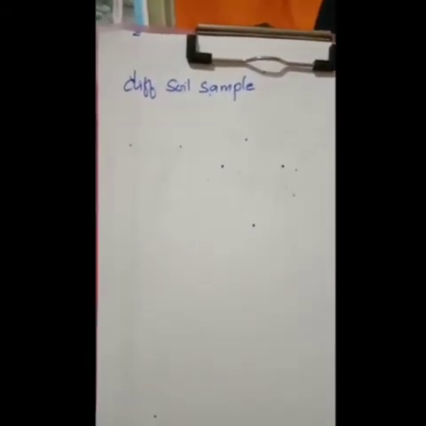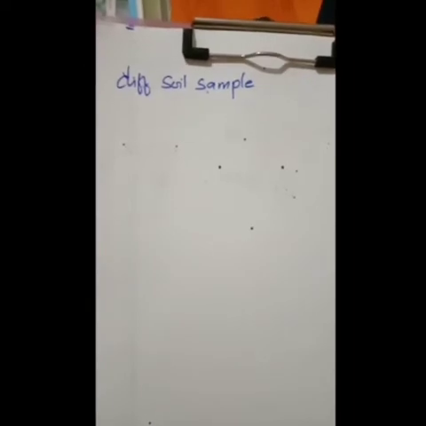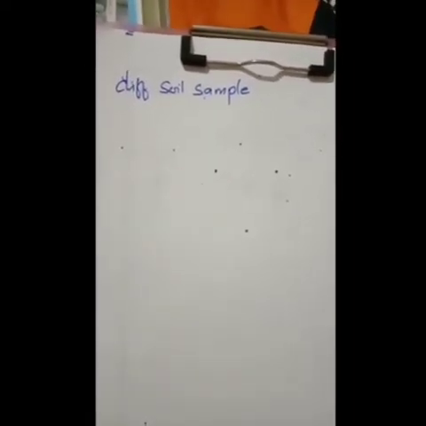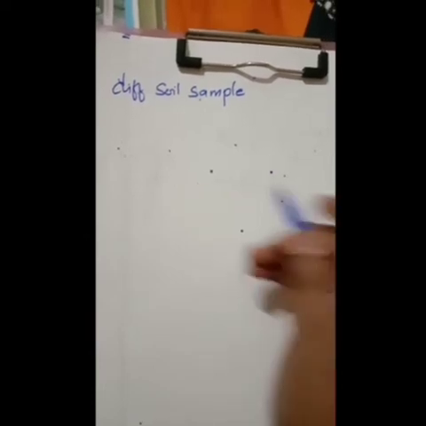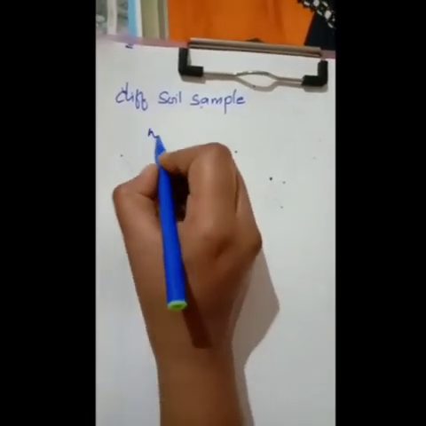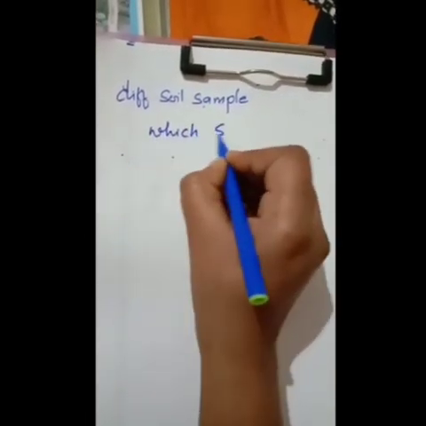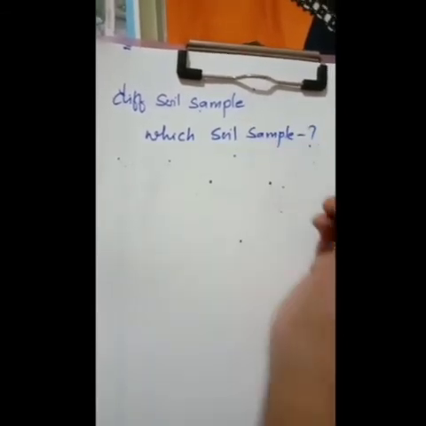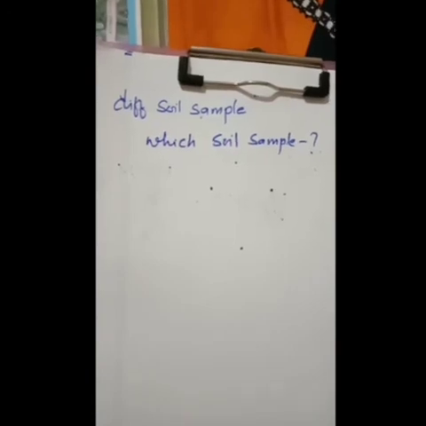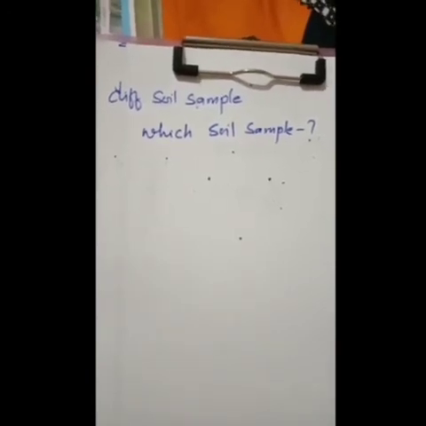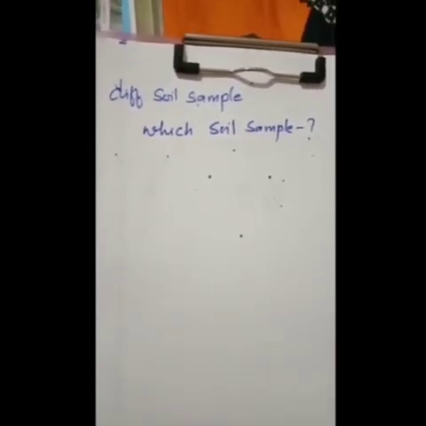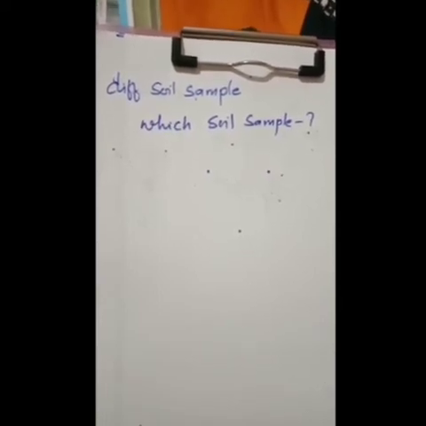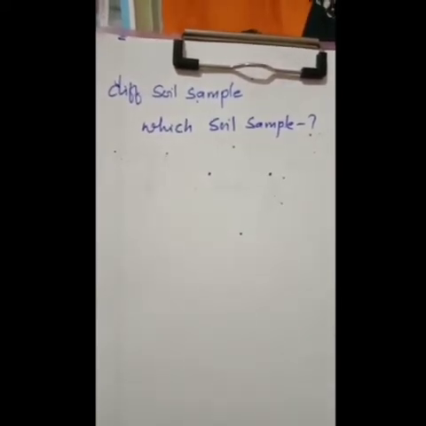Ask them to collect different soil samples and perform this activity using a funnel and filter paper. You should note down which soil sample has absorbed more water, that means which soil has a higher percolation rate, and which soil has the lowest percolation rate. So you should note it down.